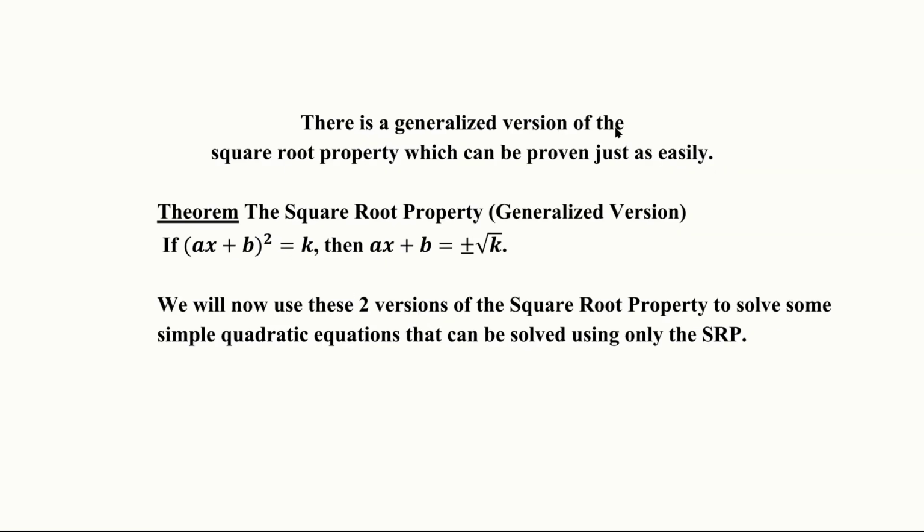Now, there's a generalized version of the square root property, which can also be proven very easily. And the fact is that if quantity ax plus b squared equals k, notice that instead of saying open parentheses ax plus b close parentheses and then square, if you just say quantity, the moment somebody hears quantity, in their mind they're going to open parentheses.